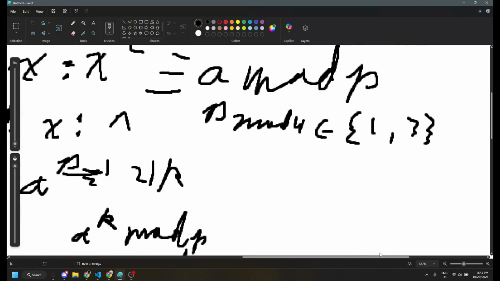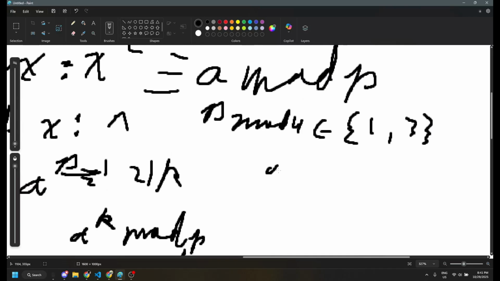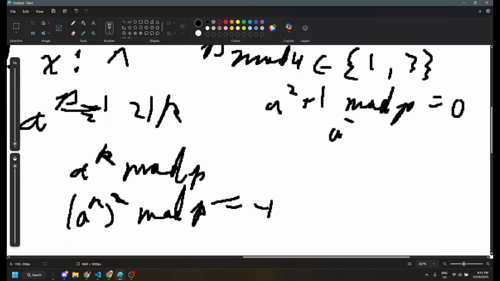Right, because we know a squared plus 1 mod p is equal to 0. So a squared mod p is equal to -1.